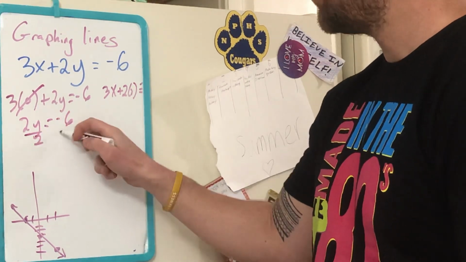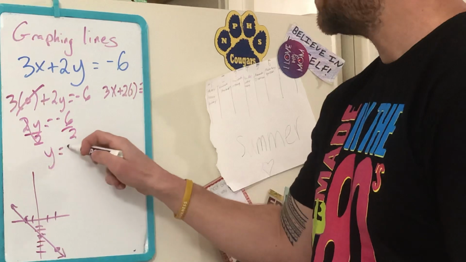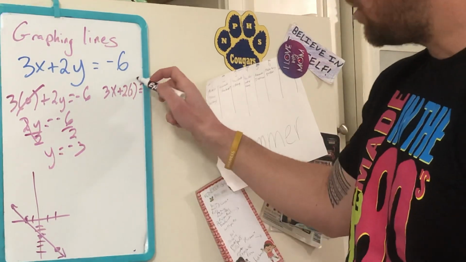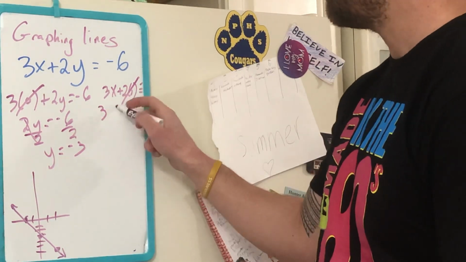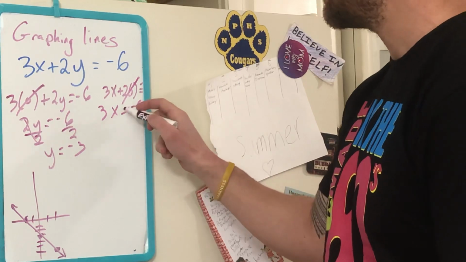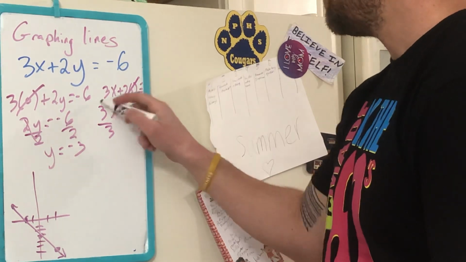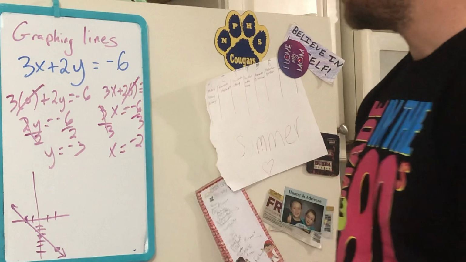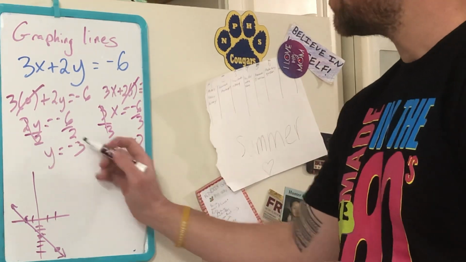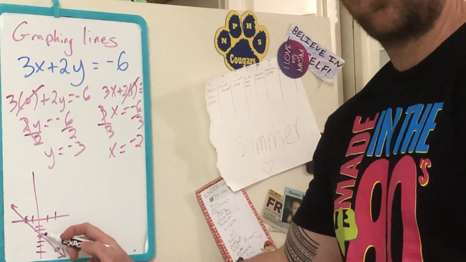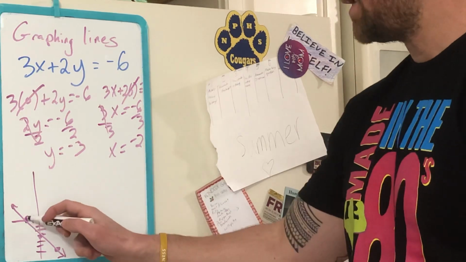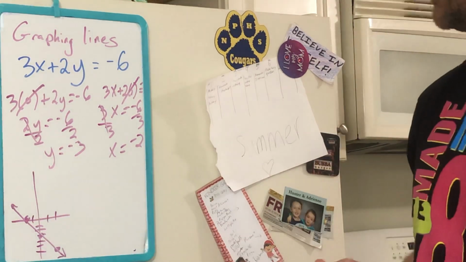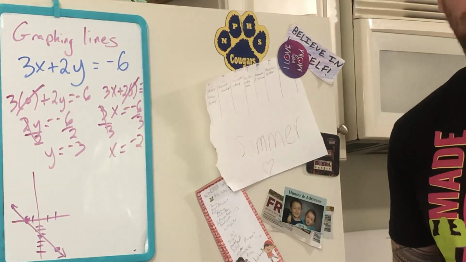And then we divide by 2, y equals -3. And then this one, 2 times 0 is 0, so I'm left with 3x equals -6. Divide by 3, x equals -2. So these are my two intercepts. It crosses at -3, and it crosses at -2, and then I just connect my 2 points.